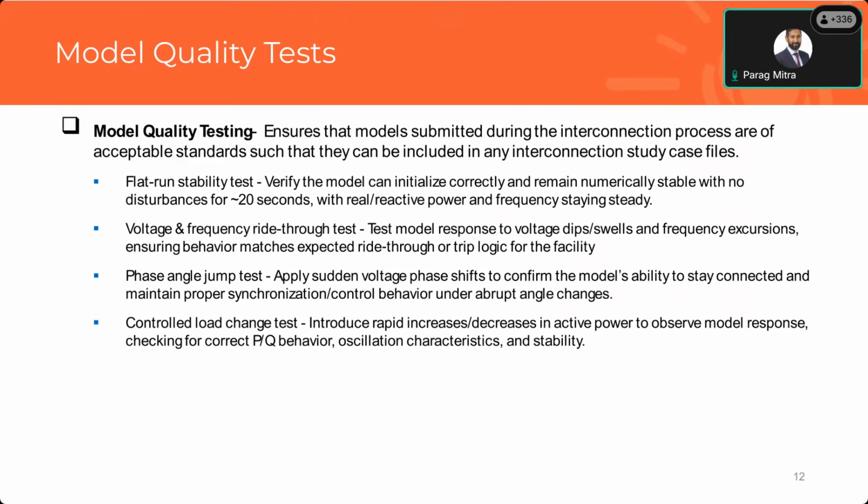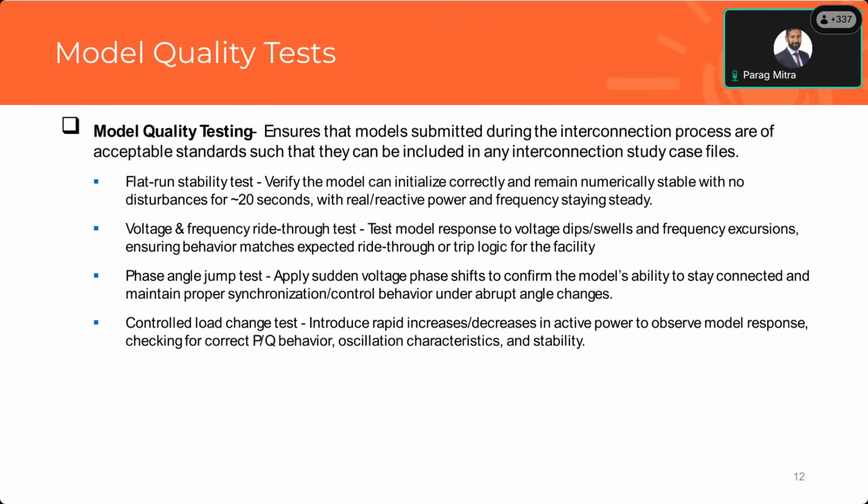Then there is the phase angle jump test. Essentially, if you put in sudden voltage phase shifts, the model should show the ability to remain connected if you have a phase jump tolerance requirement for the particular facility. So you need to make sure that the model can replicate what the actual facility does.